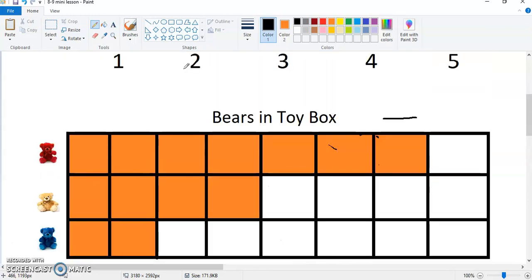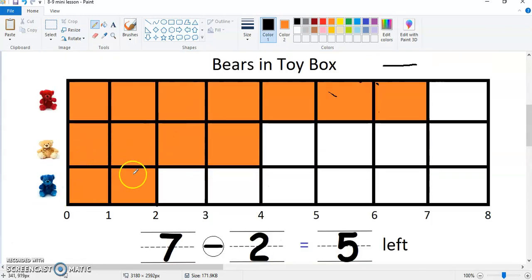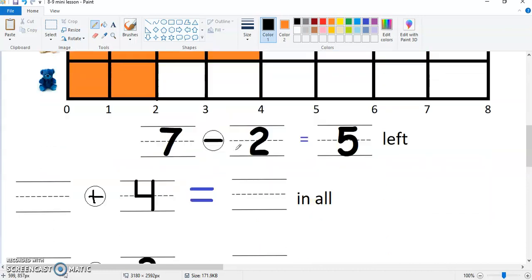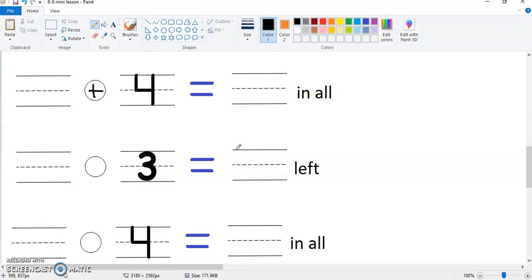So there are 2 blue bears and 4 yellow bears. Okay, so when we're here, we already have the 4. So we know we're going to do 2, write this down, plus, because we said in all, 4. This is the blue bears plus the yellow bears.